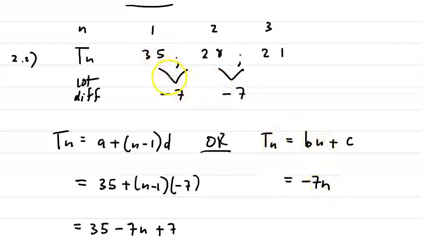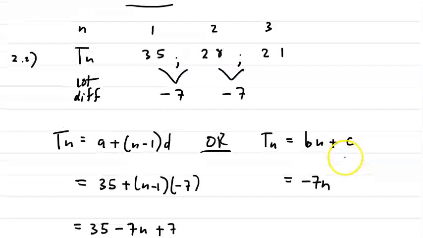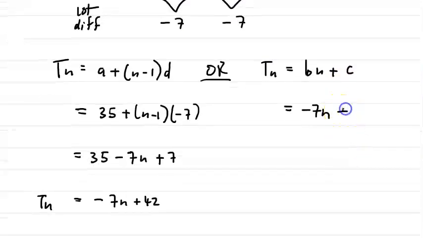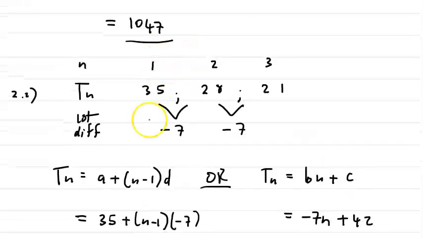So we ask, what will give me my first term, 35? Well, minus 7 plus 42 will give me positive 35. So therefore, I am able to get my general term, which will be plus 42. We do that by inspection. If I substitute 1 here, I'll get minus 7, and plus 42 will give me 35.